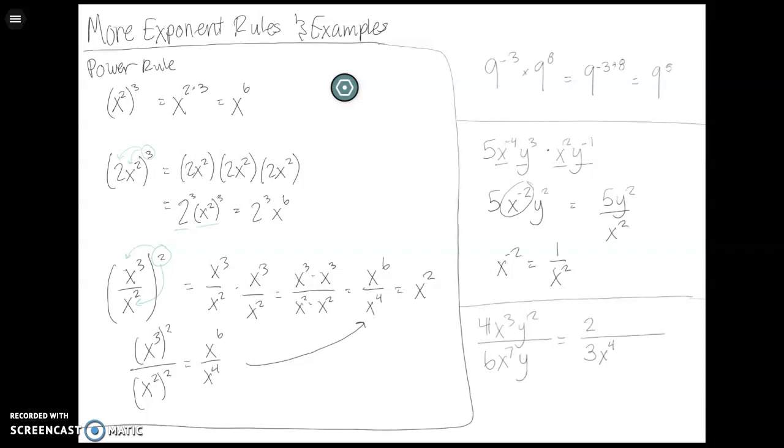So now let's look at our y's. So I have y squared over y. So I have 2 y's being multiplied together on the top and 1 y being multiplied on the bottom. So I can cancel 1 y from the top and the bottom, and I'm just left with 1 y on the top.